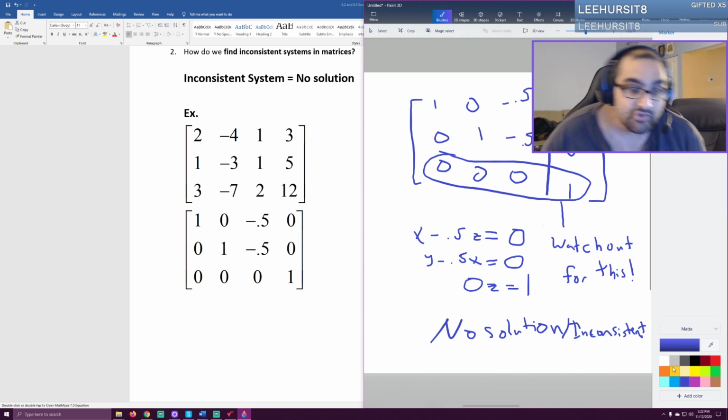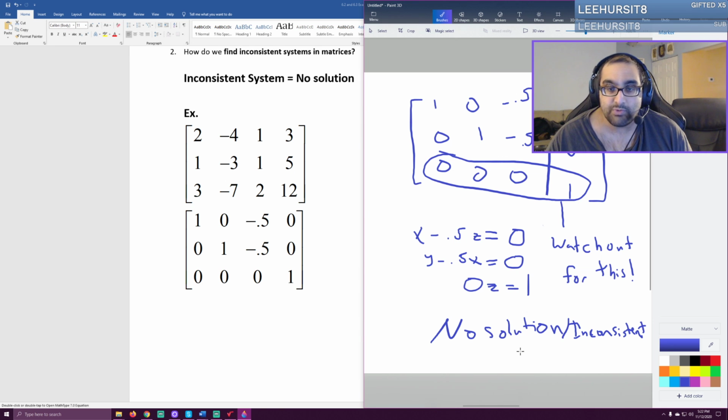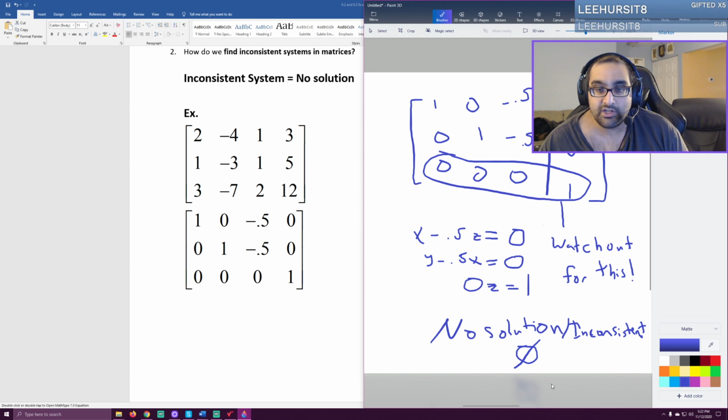Okay, so that's what we want to be looking at here. Another way to express no solution is the circle with a line through it, just like so. That's just another notation that represents no solution, an inconsistent system.